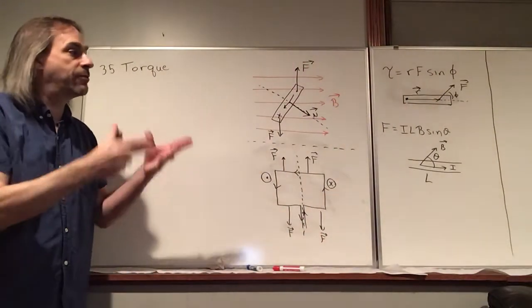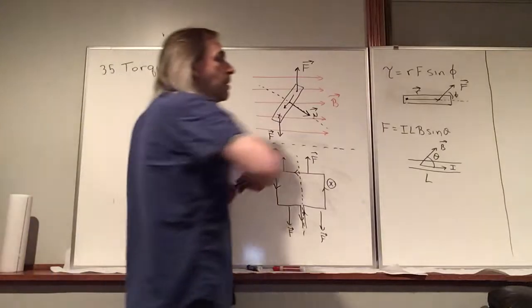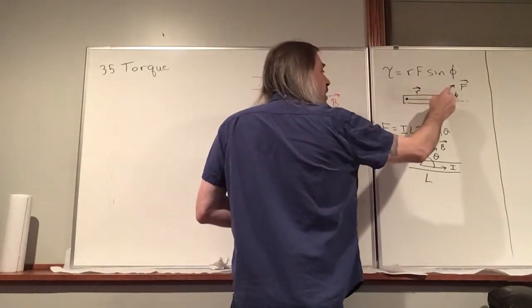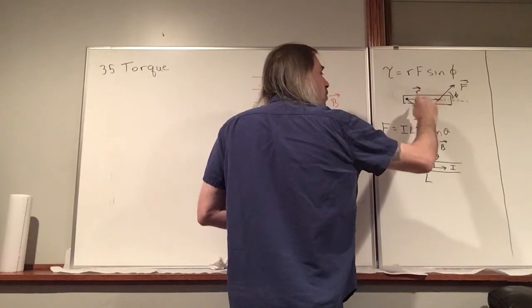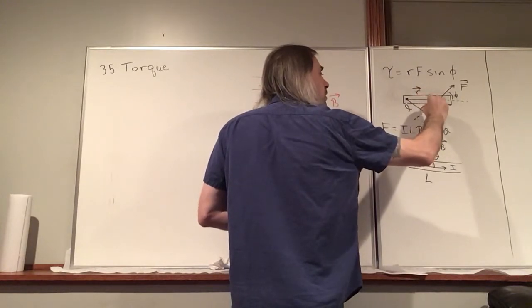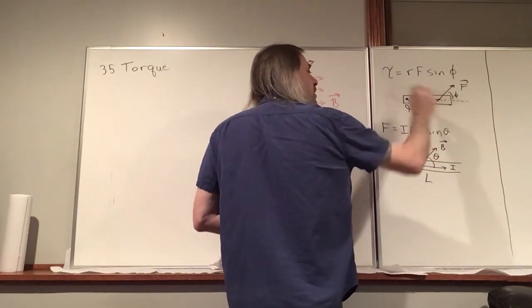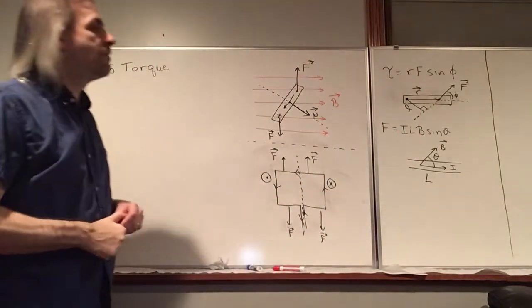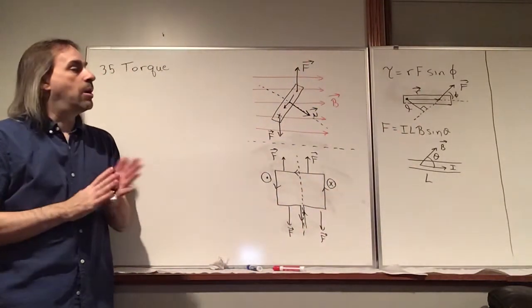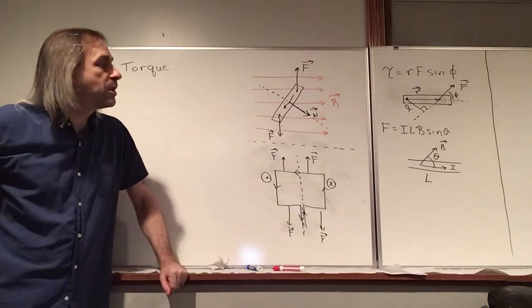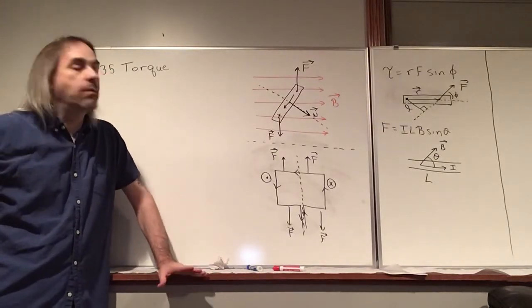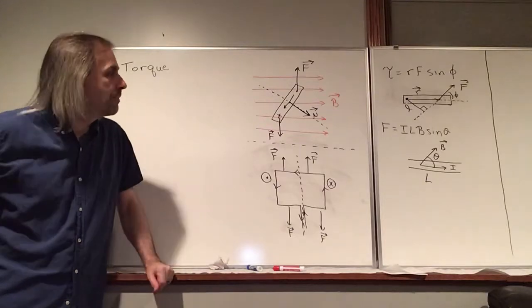So they kind of naturally define this angle. But the lever arm, if we extend this line of force, we can make a right triangle here. So like the minimum distance from the axis of rotation to the line of force, that's the lever arm. And so an alternative way of looking at torque is just force times the lever arm. So let's do it that way.